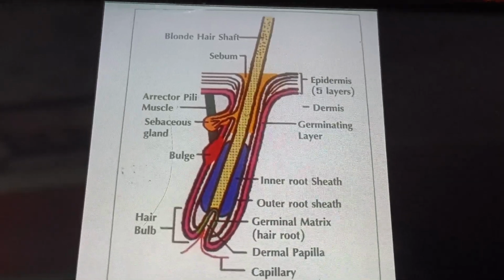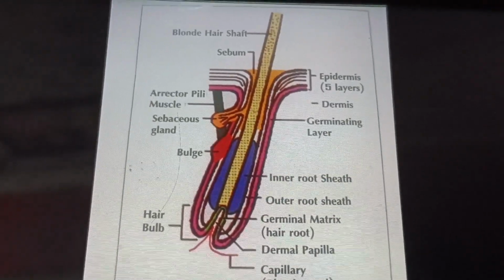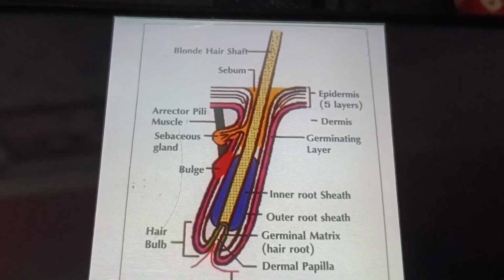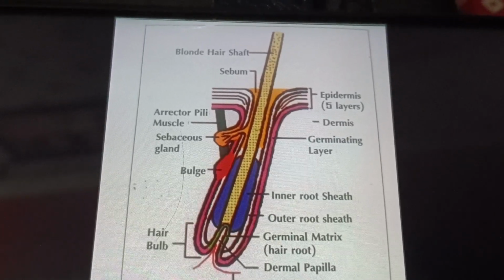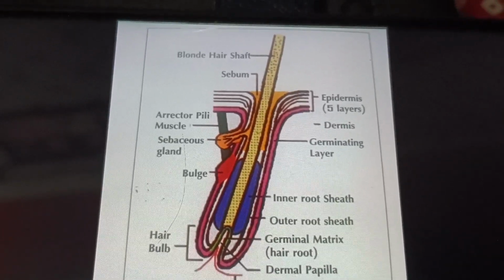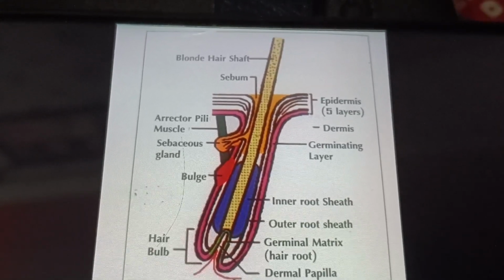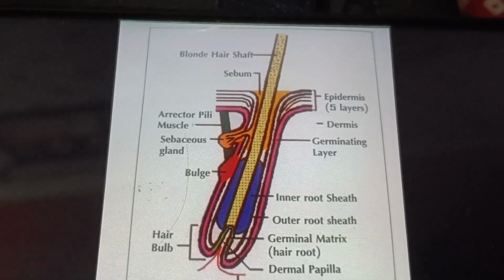The dermal papilla is a small cone-shaped elevation located at the base of the hair bulb. The dermal papilla contains blood and nerve supply that provide nutrients needed for hair growth.